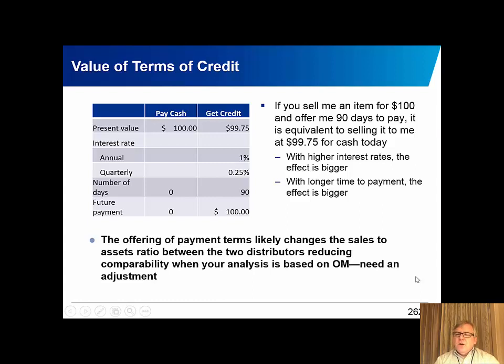Now, the important thing for us in doing this analysis is that offering payment terms, like not having to pay immediately, is going to change the income statement in some important ways, and that's going to affect how we look at our analysis, especially if our analysis is based upon an operating margin. We're really definitely going to need an adjustment in that case.